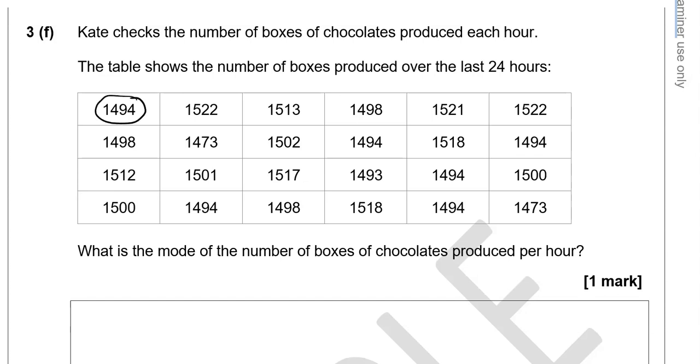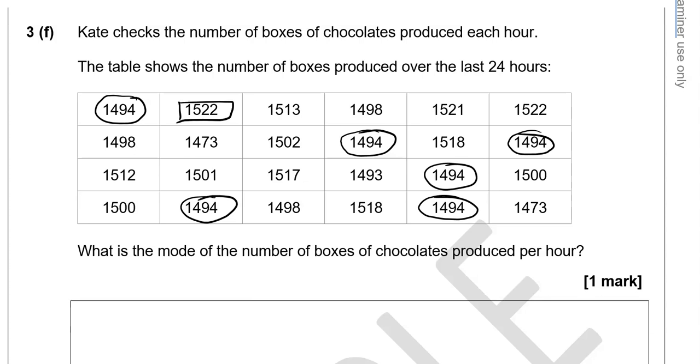1494. There is 1 here. We've got 1 here, 1 here, 1 here. Looking at 1522, there is 1 here. So just 2 of them.